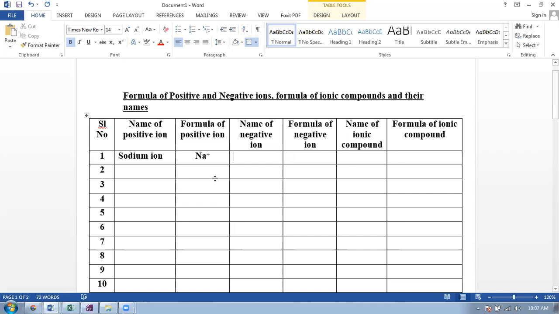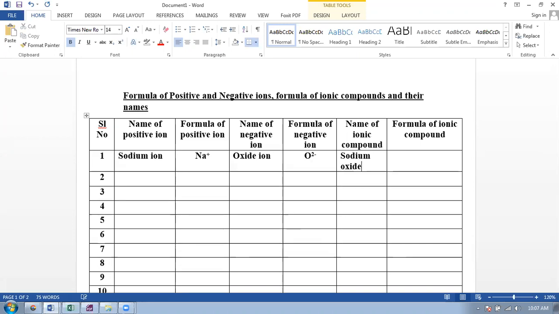For example, a positive ion is sodium ion and a negative ion is oxide ion. And the formula of oxide ion is O2 minus. So the name of the ionic compound would be sodium oxide.